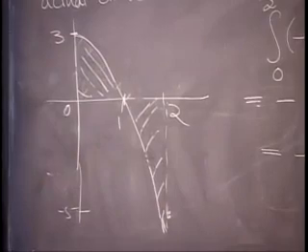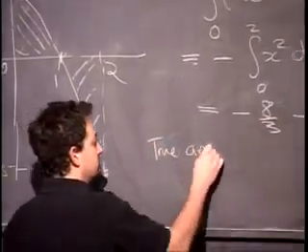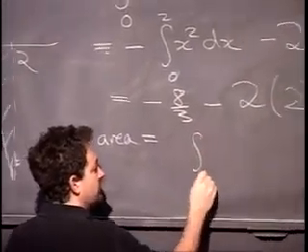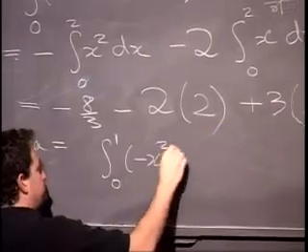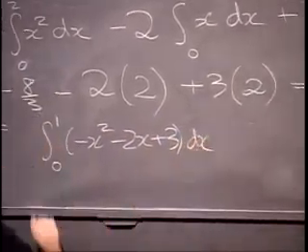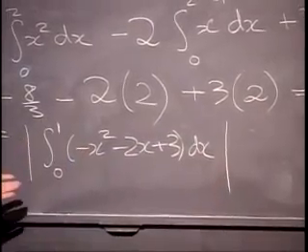So actually, the true area, what I've got to do is integrate from 0 to 1 of the same thing, and take its absolute value, although we can see that that's going to be positive anyway.